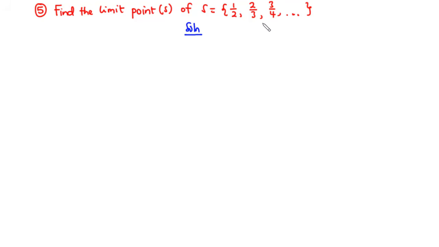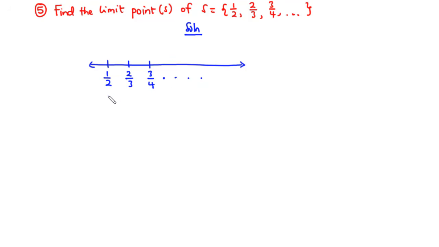Now the set S here is an infinite set. So first of all, let's represent this set on the number line. On the number line, we have the point 1 over 2, we have 2 over 3, 3 over 4, and so on.